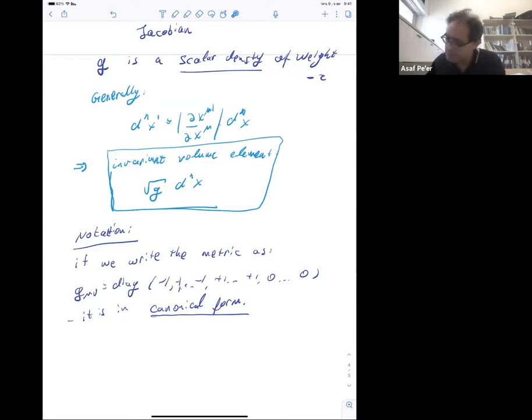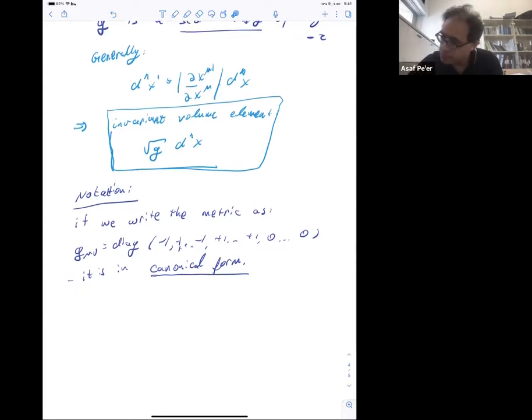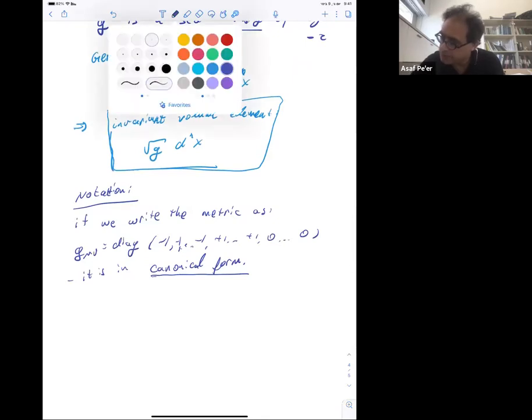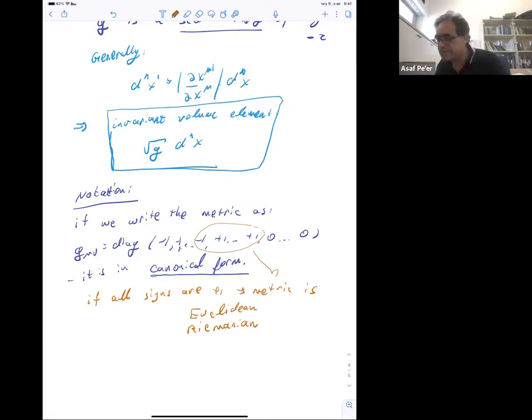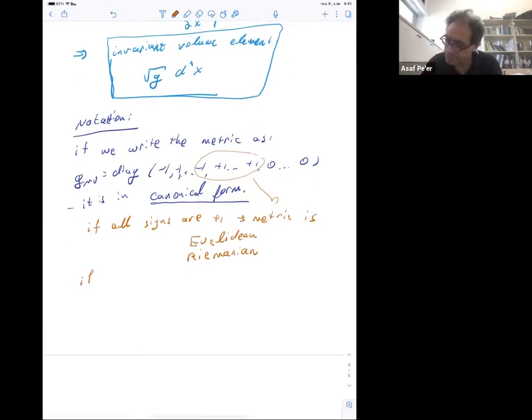Now, if all the signs in the metric are positive, so the metric only contains the pluses, then we say that the metric is Euclidean or Riemannian. If there is a single minus sign, what do we call it?